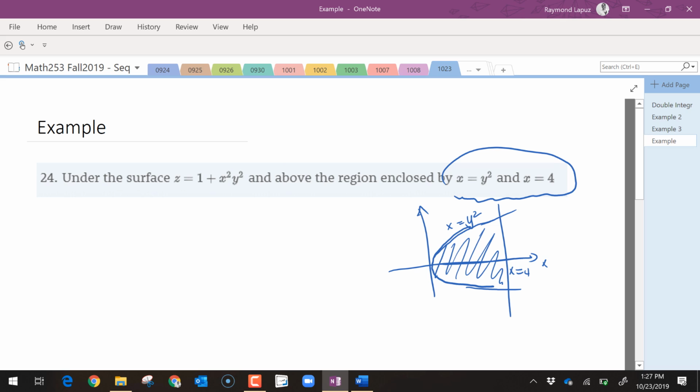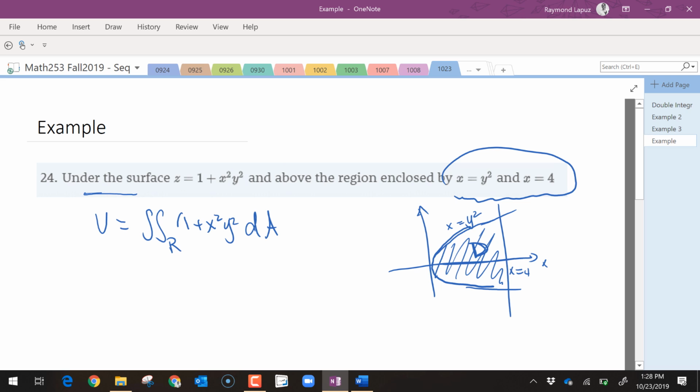So I think the region is pretty straightforward. So we can call this D or R. So the volume should equal the double integral over R of 1 plus x squared y squared dA.